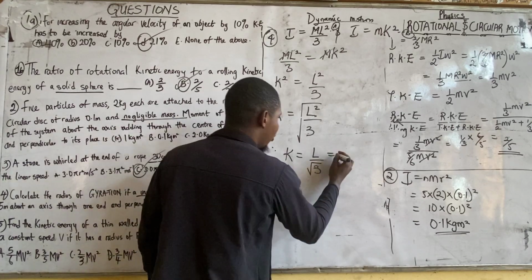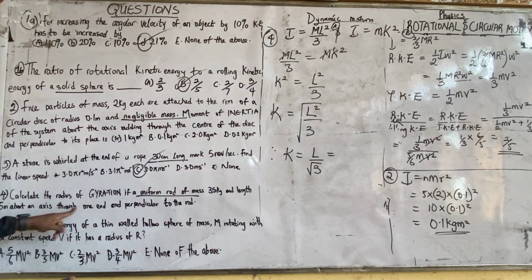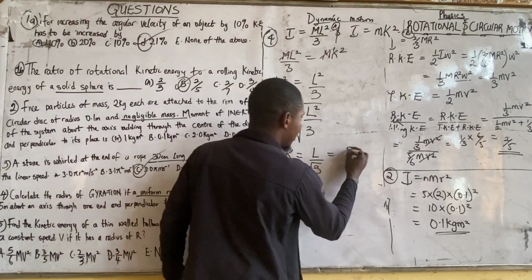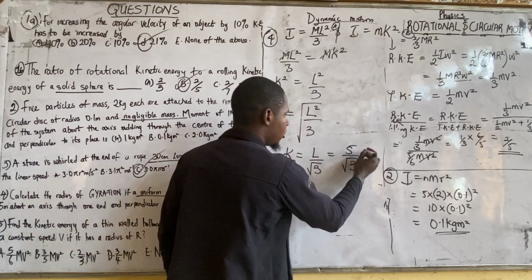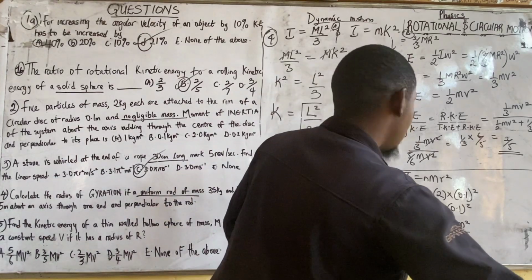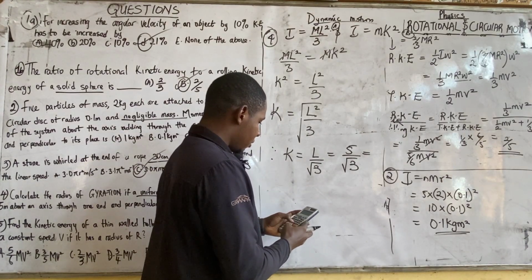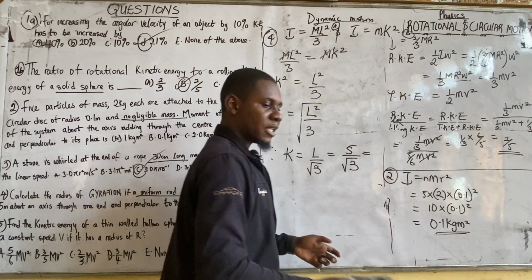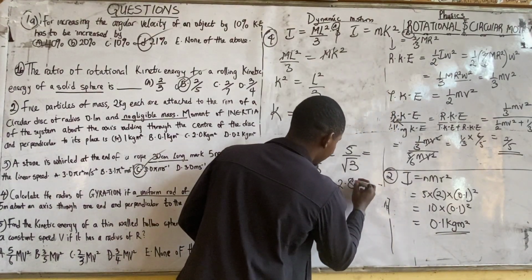The length that was given to us is 5 meters. So you take 5 over root 3. When we punch the calculator, 5 by root 3 gives us 2.886, that is 2.89.